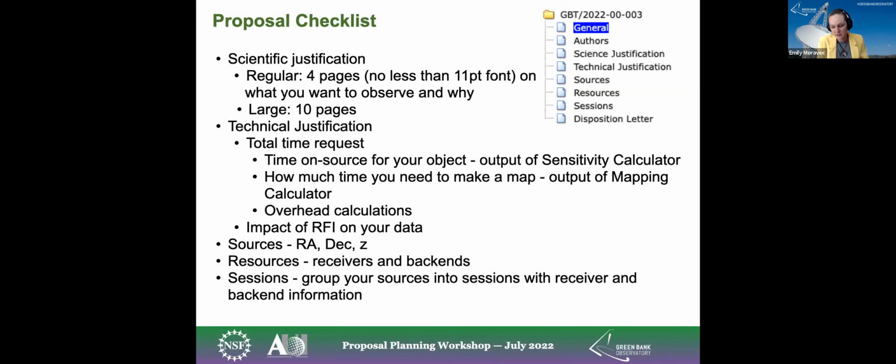With the GBT, we use something called the dynamic scheduling system, or the DSS, and in real time it schedules over the next few days based on a lot of different things, like the highest priority proposals and what the weather looks like. It will look at your sessions and prioritize, and then you will get scheduled.